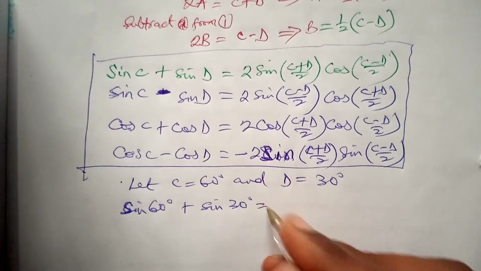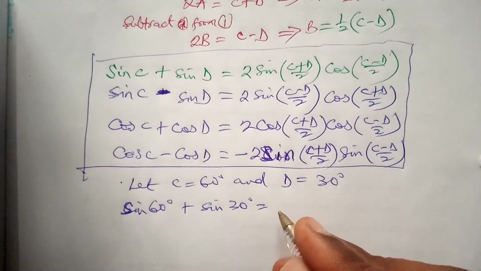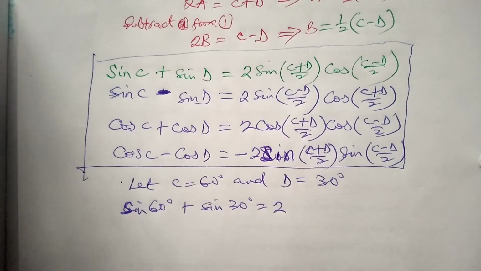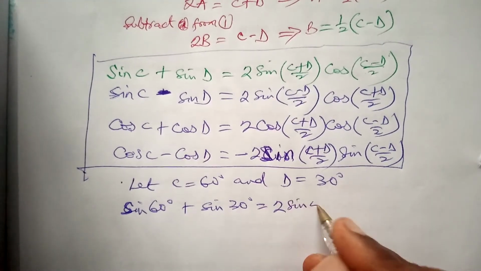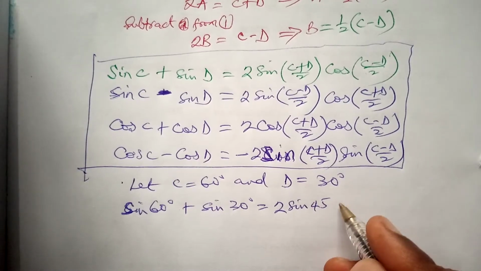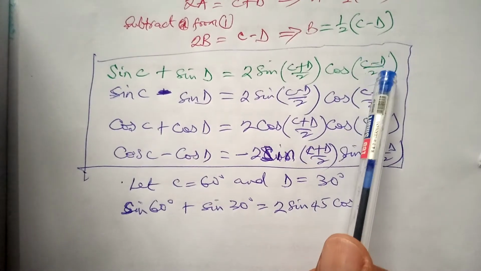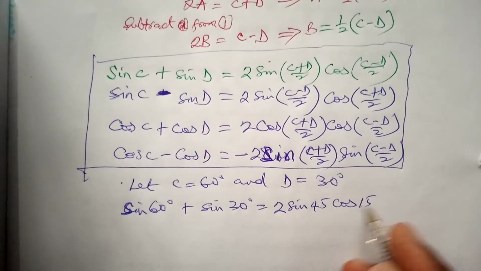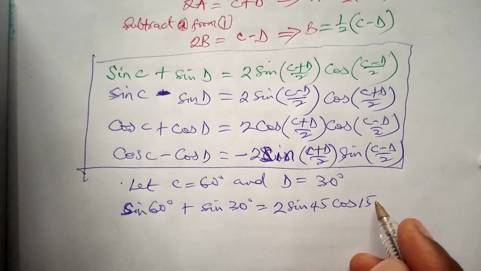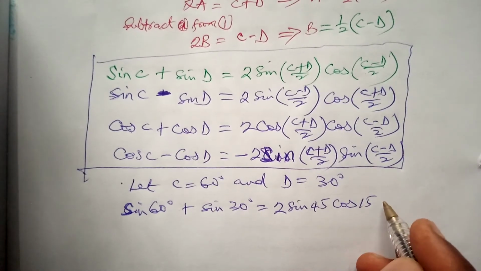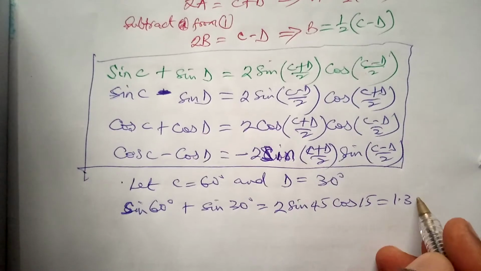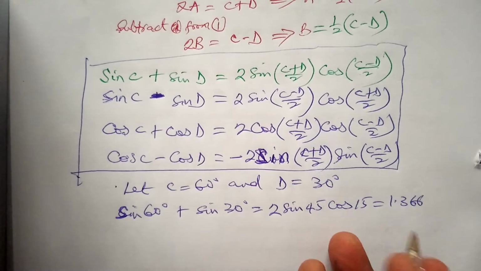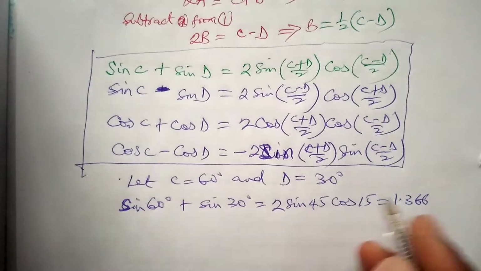But from this formula, it will give us 2 sin of (60 plus 30 over 2), that's 90 over 2, 45, cos of (60 minus 30 over 2), that's 15. When you plug it in, you get 1.366. If you do sin 60 plus sin 30 on the calculator, you also get that. So the answer is correct.